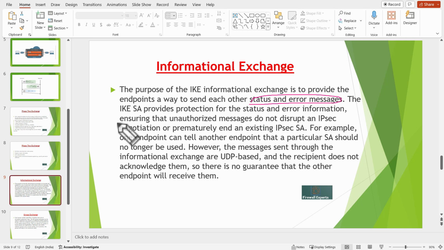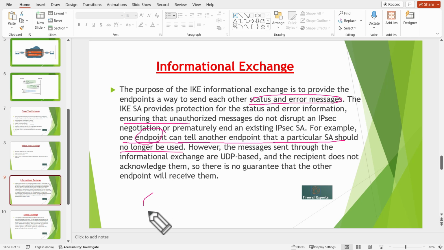It also ensures that unauthorized messages do not disrupt the communication. Let's take one example. Here, an endpoint means a VPN device, and it can tell another endpoint that a particular SA should no longer be used.